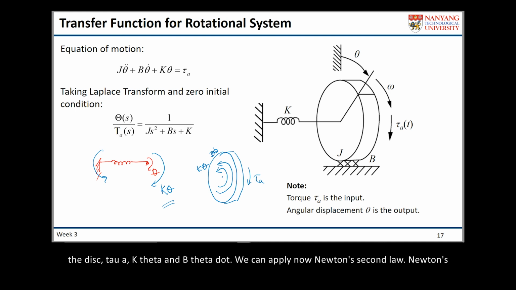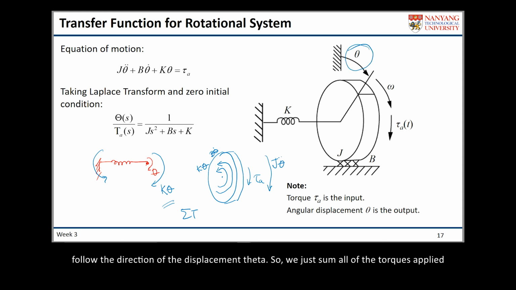We can apply now Newton's second law. Newton's second law says that the total torque will be equal to the inertial torque, which is equal to J times theta double dot. The direction will be clockwise because it follows the direction of the displacement theta. So we just sum all of the torques applied to the disk.